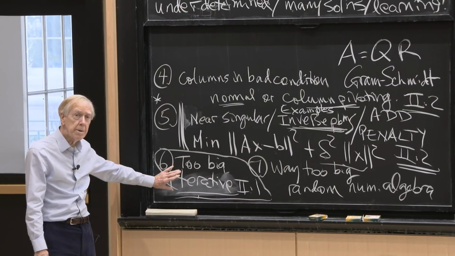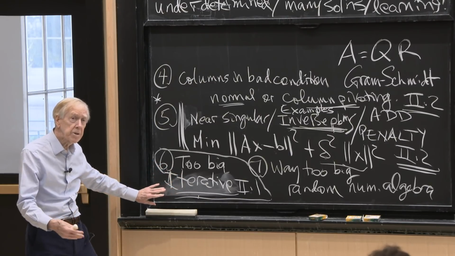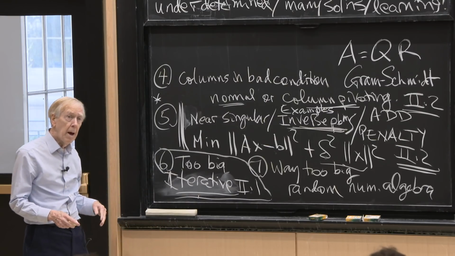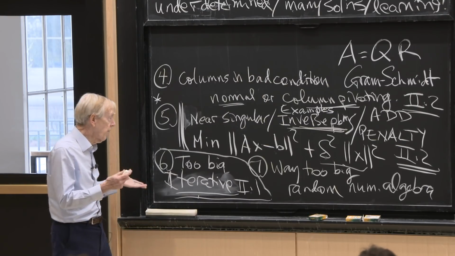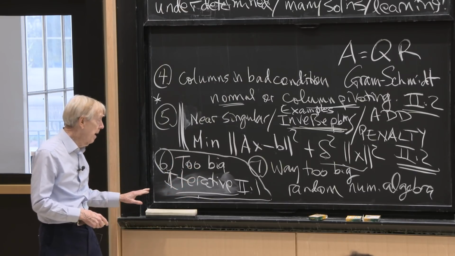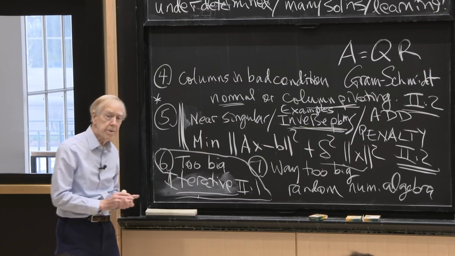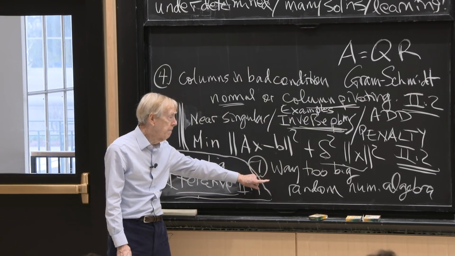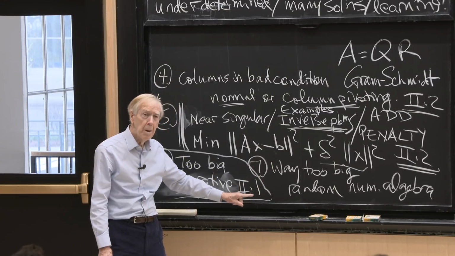So then that one, you never get the exact answer, but you get closer and closer. If the iterative method is successful, like conjugate gradients, you get pretty close, pretty fast, and then you say, okay, I'll take it. And then finally, way too big.